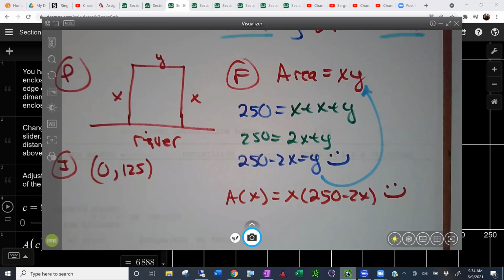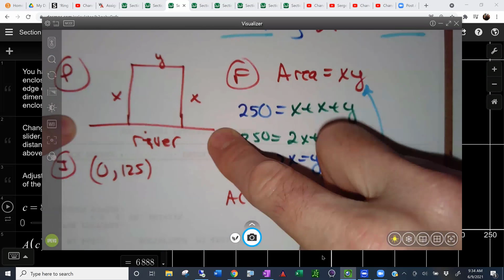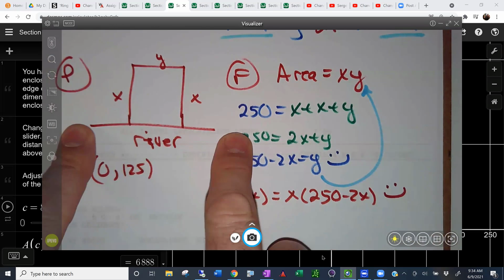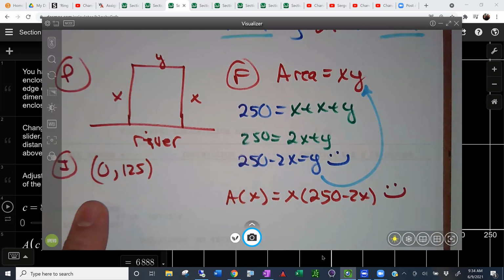Now I'm going to put parentheses around both of those. The reason I'm putting parentheses is because if I let X equal 0, basically using all of the fence just to be along the river, then I'm not going to have any area at all, am I? If X is 0, then the area is 0.